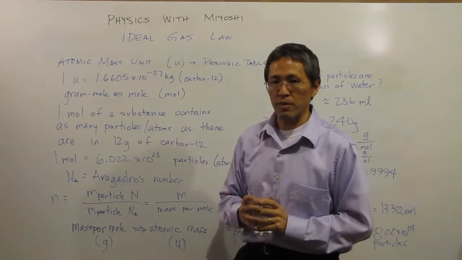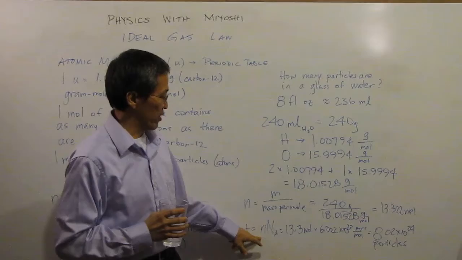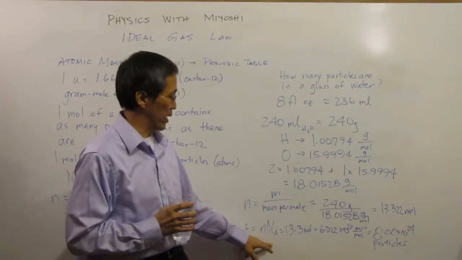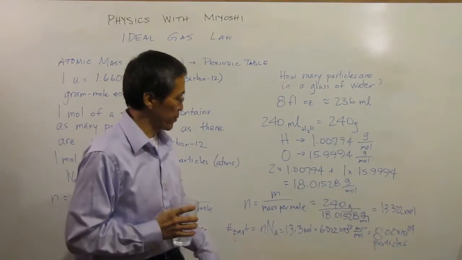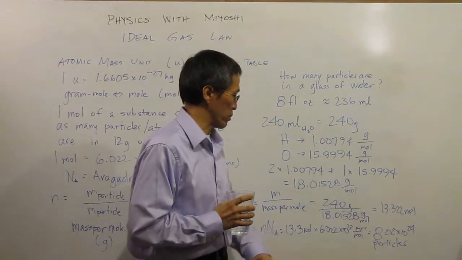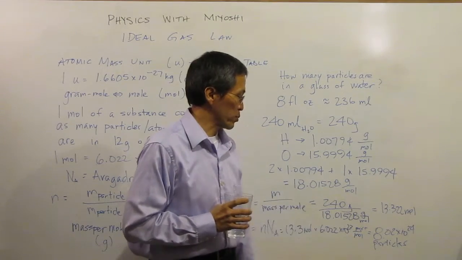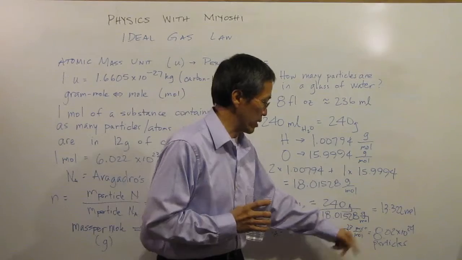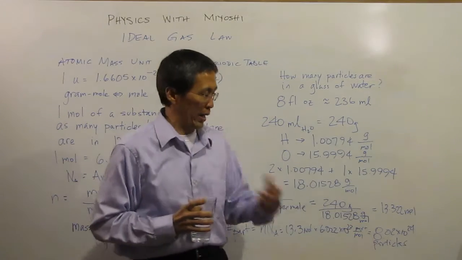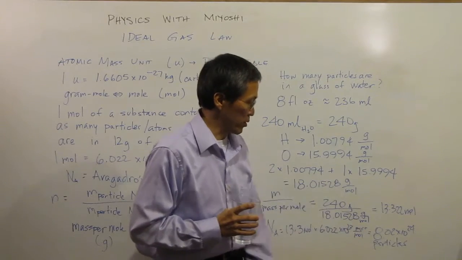Well, I know from remembering Avogadro's number that if I multiply my number of moles times Avogadro's number, that'll give me my number of particles. So 13.3 moles times 6.022 times 10 to the 23rd particles per mole. The book I use mentions that particles or atoms are not technically SI units, so they just get rid of the particles.